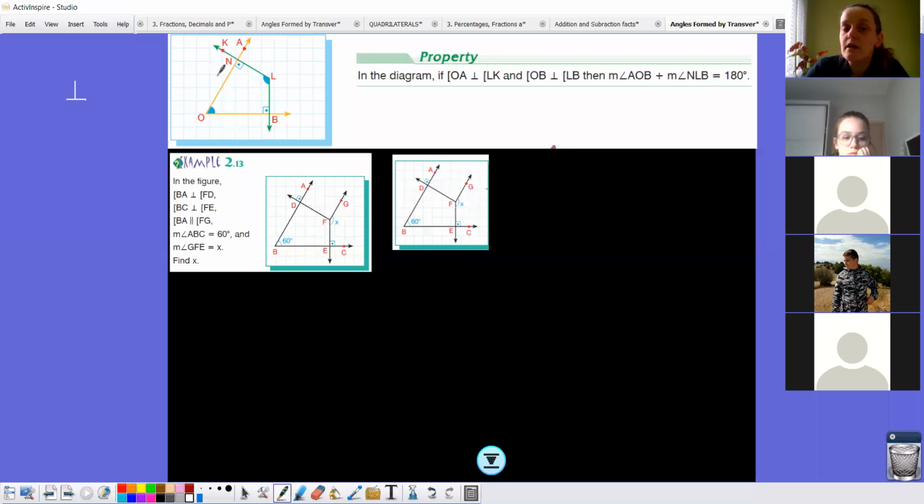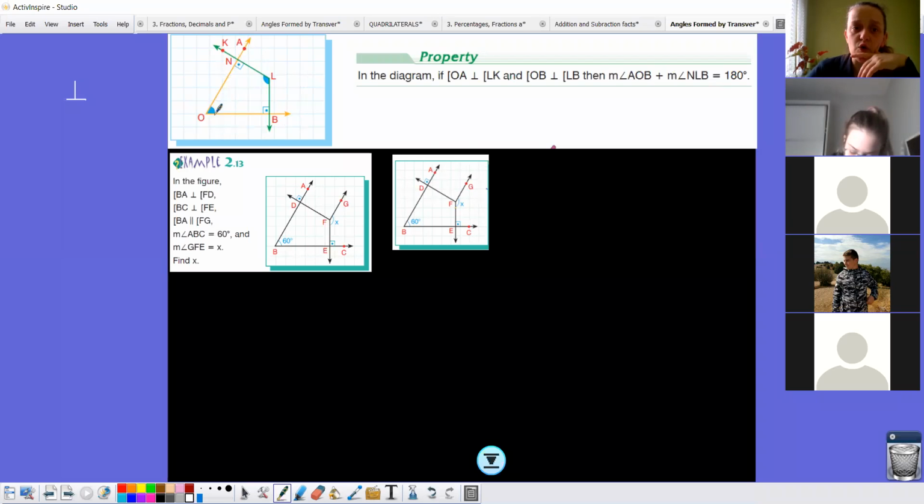If you have this kind of figure, look, two sides of the two angles are perpendicular to each other. As you see, LK is one side of the angle KLB. LK is perpendicular to OA and LB is perpendicular to OB. So in this case, the sum of these opposite angles will be 180.